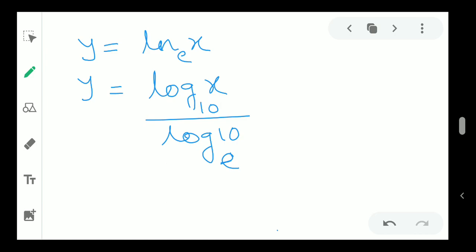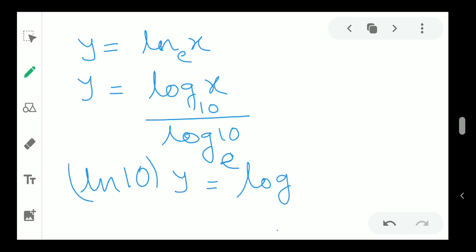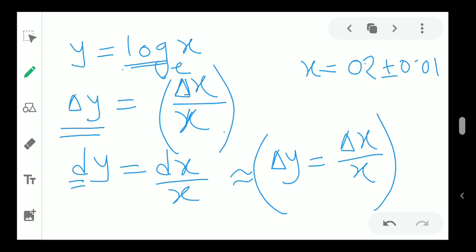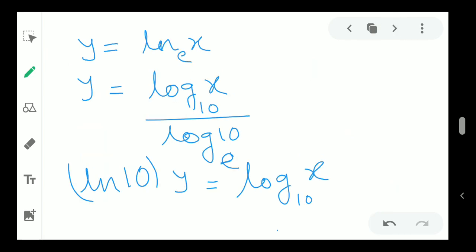After that, see, ln 10 means log e 10, because instead of log e I can write ln. So ln 10 into y will be my log 10 x. And if we do the same thing here, like dy by dx, this part ln 10 will come in front.